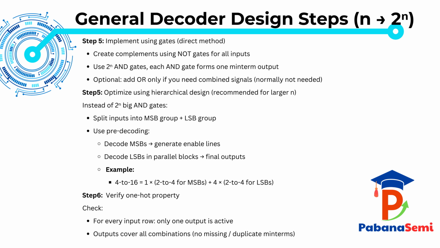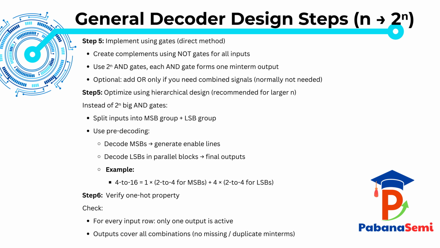Then, we use 2 to the power n AND gates. Every AND gate implements one minterm, and that directly produces one output line, y0 to y2n minus 1. An OR gate is usually not needed in a decoder because we use the one-hot outputs individually. We add OR only if we want some combined signal for a special purpose.